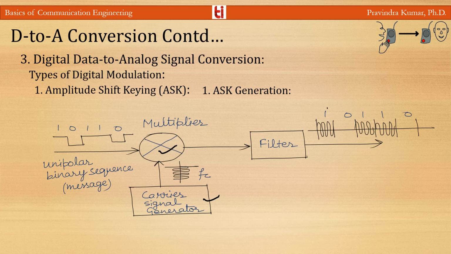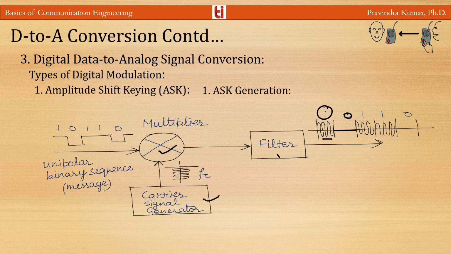And when there is a low input, meaning 0 bit, the switch is open, allowing no voltage to pass, so the output will be 0. So for bit 1 the carrier is passed, and for bit 0 no carrier or no voltage is passed through.